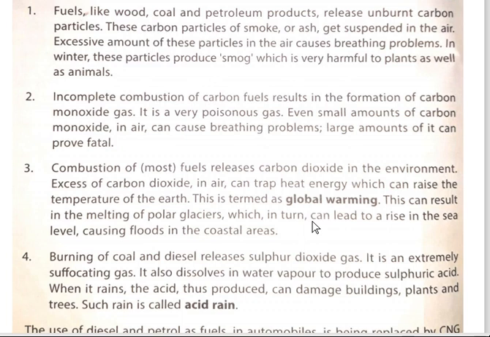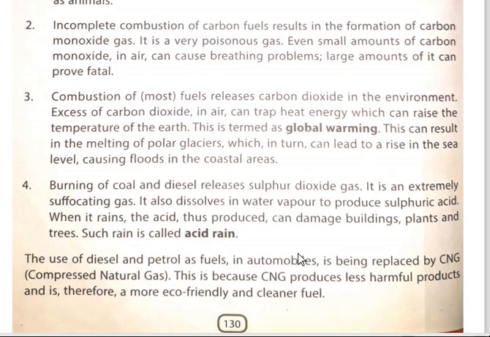Burning of coal and diesel releases sulfur dioxide, and it is an extremely suffocating gas. It also dissolves in water vapor to produce sulfuric acid and results in acid rain, which damages buildings, plants, and trees. Okay.